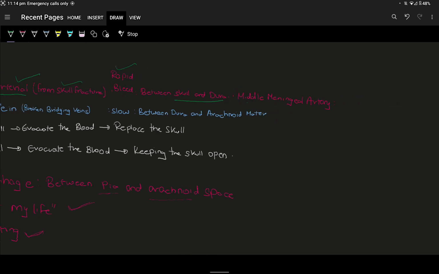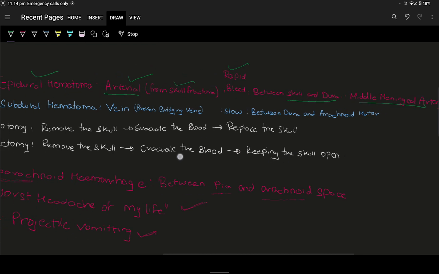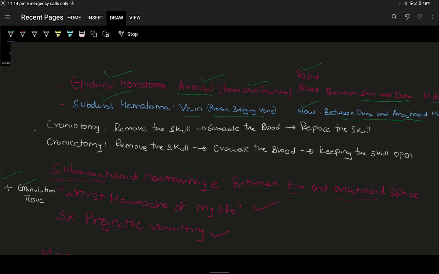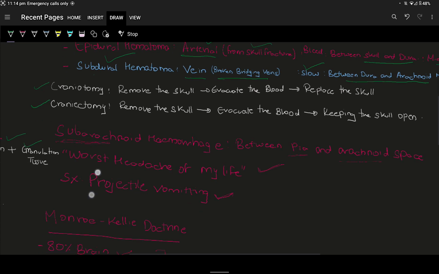It is usually caused by the middle meningeal artery. And the one which we discussed in this video extensively, subdural hematoma, is usually due to the vein rupture, due to the broken bridging veins, and it is usually slow because the flow of blood in the veins is slow, and it is usually in between the dura and the arachnoid mater. The treatment which we discussed first was the craniotomy, and the second was the craniectomy.